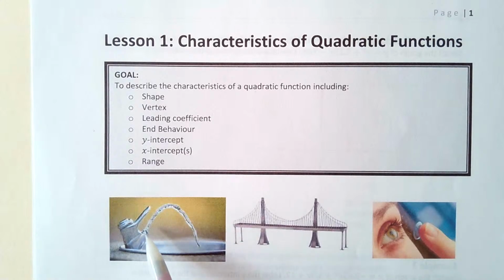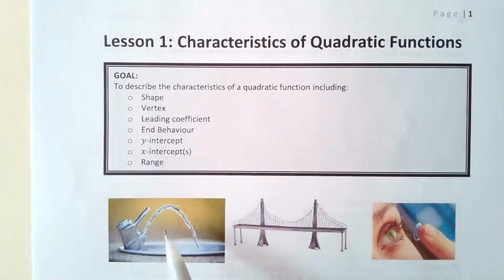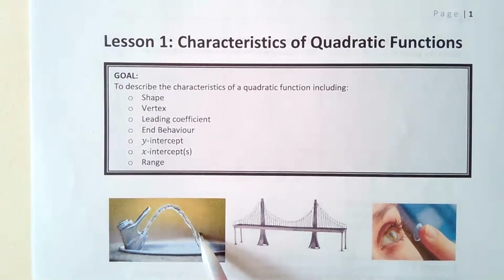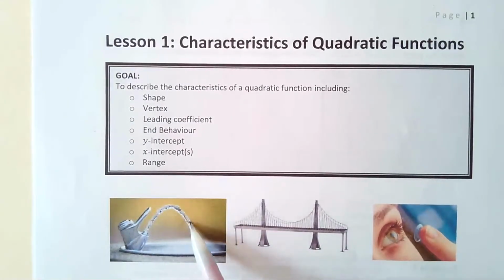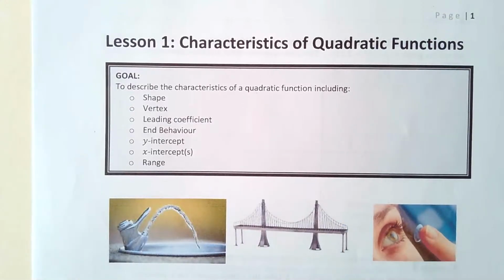If you throw a football or a baseball or any kind of ball to someone who's far away, it will have this kind of a trajectory called a quadratic. It goes up. Here's an example. And you can see examples in bridges or even contact lenses that you wear. So that's a quadratic function, basically.